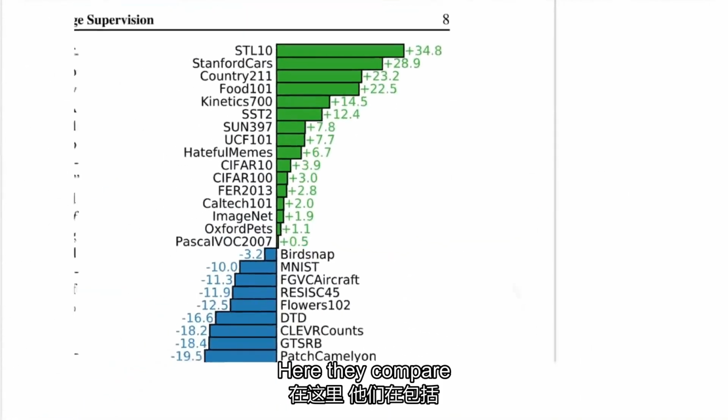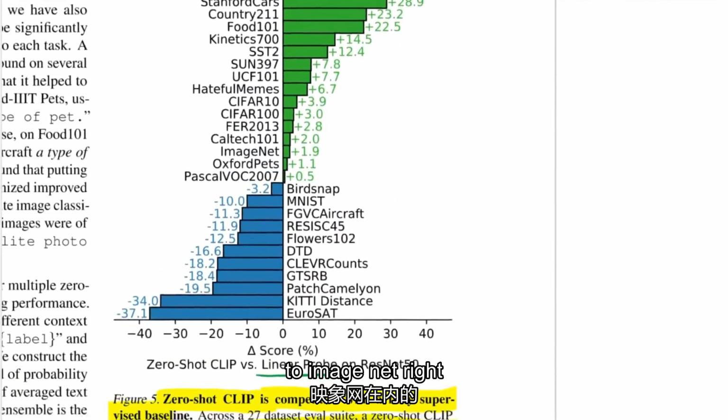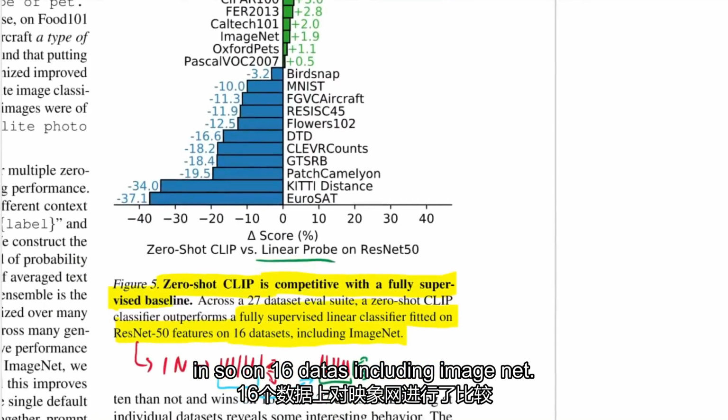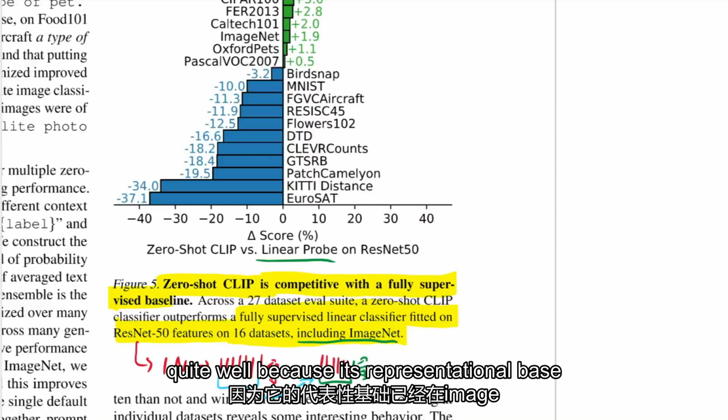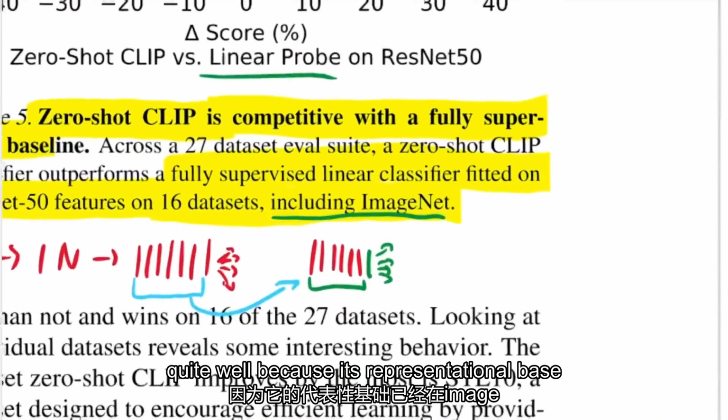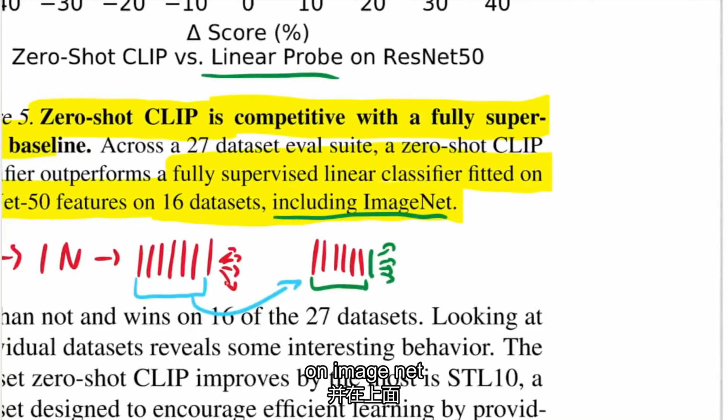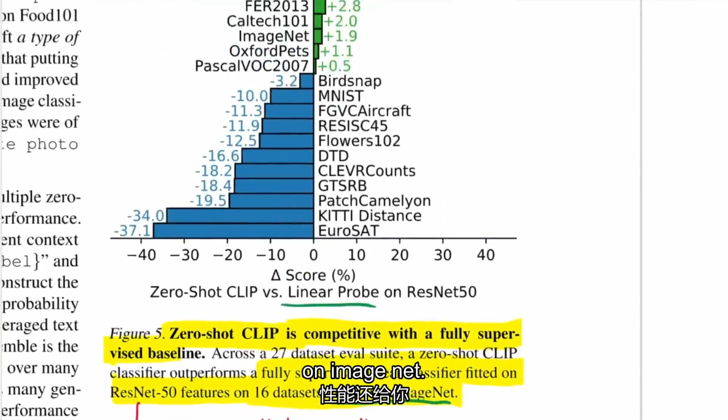So here they compare to ImageNet, right? On 16 datasets, including ImageNet. For ImageNet, you would expect the ResNet 50 to perform quite well, because its representational base has been trained on ImageNet, and training a linear classifier on top should simply give you back the performance that it had on ImageNet.